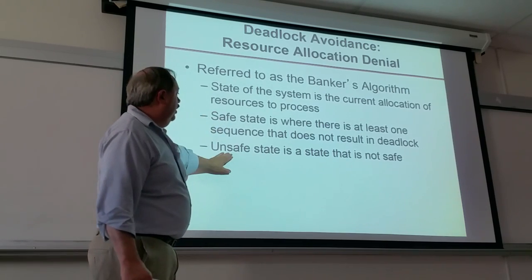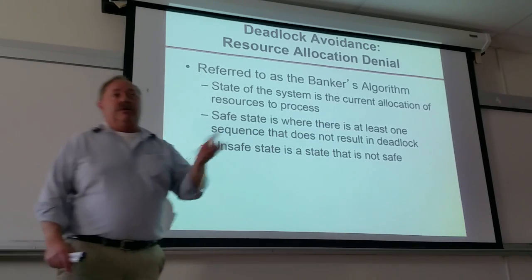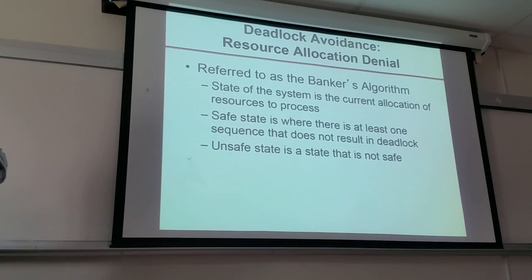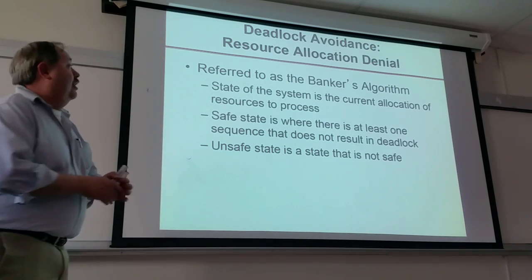An unsafe state is where I make this request for this resource and there are no such paths that exist. At that point, I do not grant this process's request at this time.